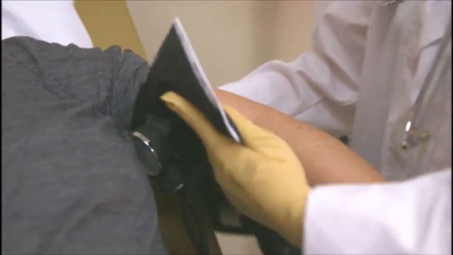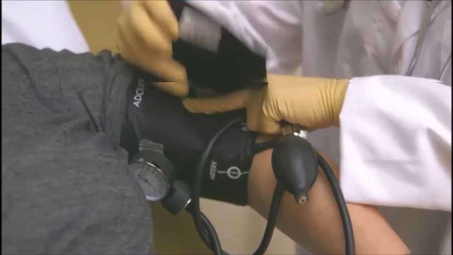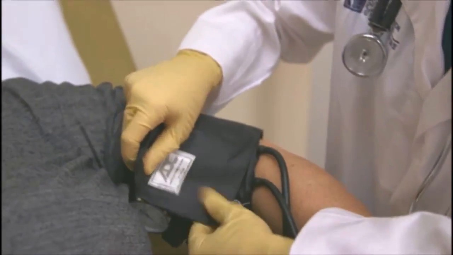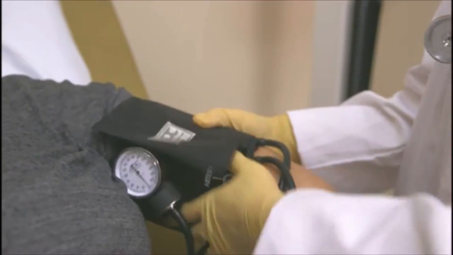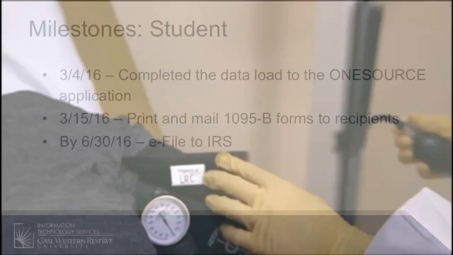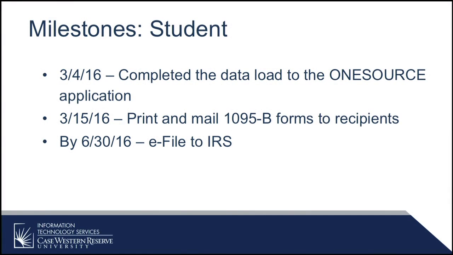So some similar updates on the student side. As we had highlighted in our March presentation, we've completed the data load to the OneSource application that we're using, and also the student information, the 1095B forms, have been printed and mailed to recipients as well, and those should have been received. And like the employee side, we also have to prepare to e-file this information to the IRS.